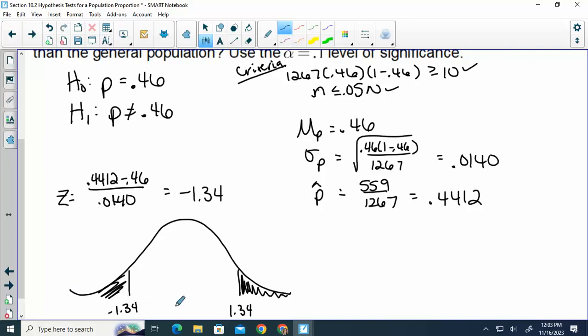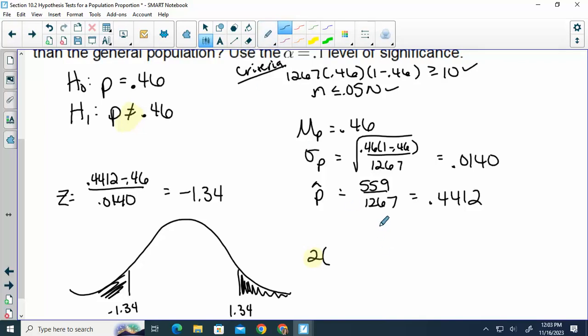This is symmetric, so if we have one of them, we can just take it times 2 and it will give us both. So I'm multiplying by 2 for my probability. And that's because it's a two-tailed test. The only time we'll do that is if it's not equal. Otherwise, we'll just do less than or greater than. So then we look from our table.